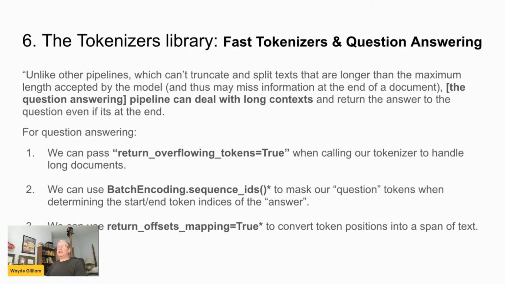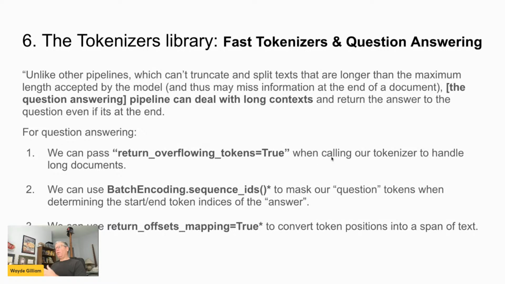This comes up pretty frequently in conversations about Blurr and question answering as a whole: how do you deal with long text? Because typically we truncate things to fit on our GPU. With question answering, we can use another parameter to our tokenizer when calling it, called return_overflowing_tokens equals True.